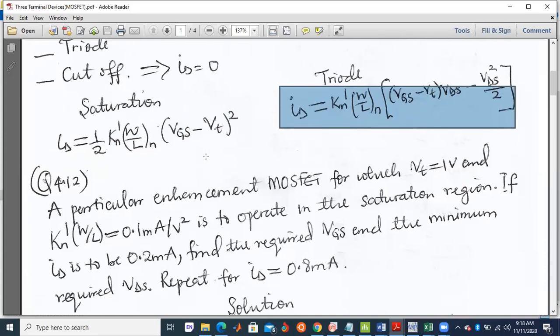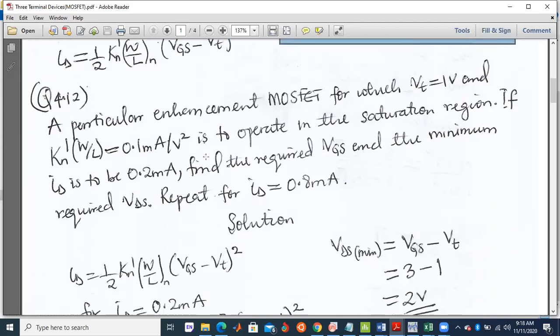So let's see some questions. When we solve questions, I know it will be clearer. Question 4.12: A particular enhancement MOSFET for which VT equals 1 volt and Kn prime W/L equals 0.1 milliamps per volt squared is to operate in the saturation region.